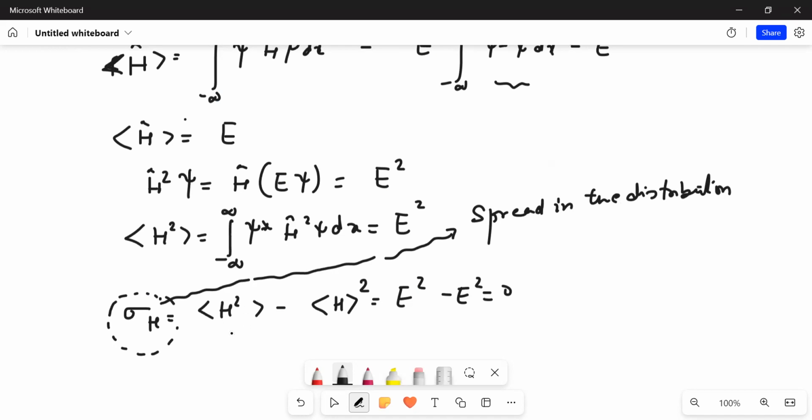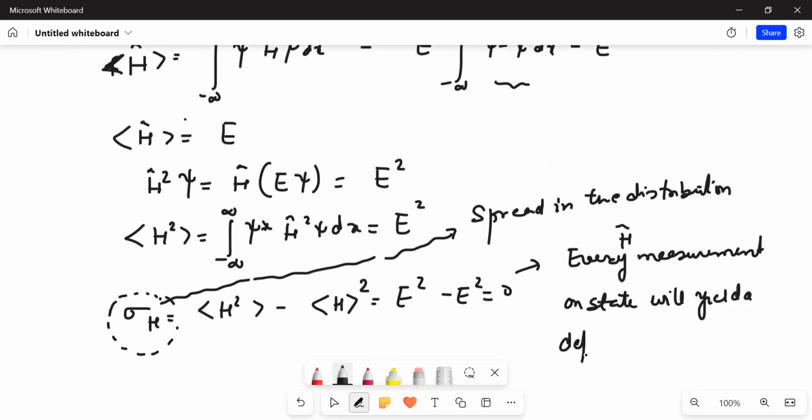In this context, it is the values that we get on operating H cap. Only if there is a definite energy can we say that there is no spread in the distribution. Therefore, every measurement on the stationary state will yield a definite energy.